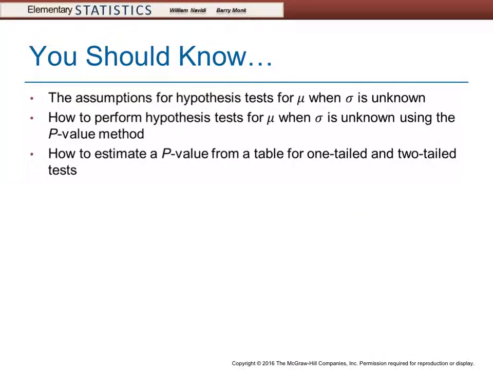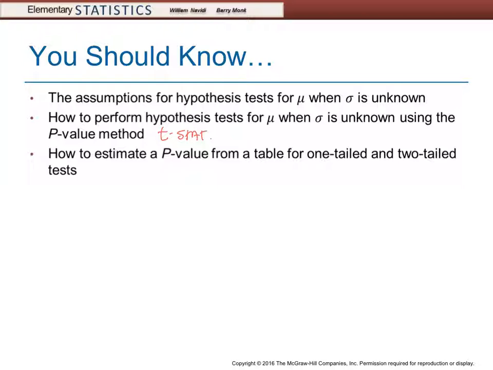So in this section, we covered the assumptions for the hypothesis test for mu when sigma is unknown. We have to make sure that the assumptions for the hypothesis test are correct, and then we should know how to perform the hypothesis test for mu when sigma is unknown using the p-value method and calculating the t-statistic.